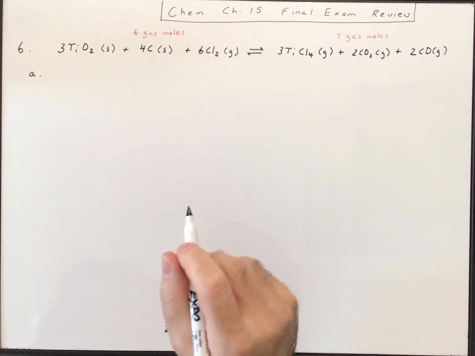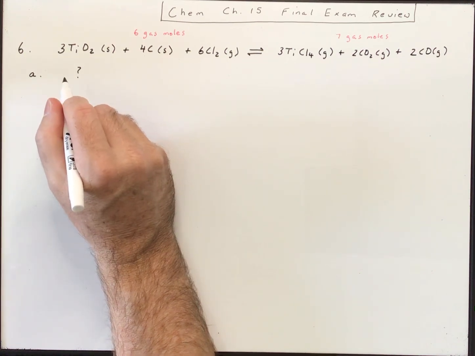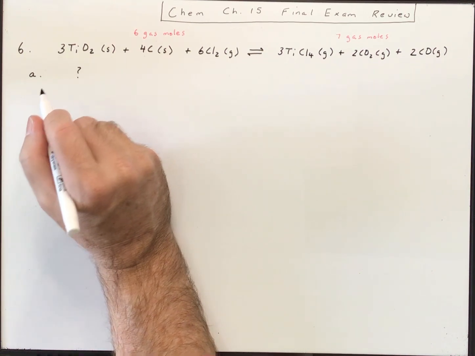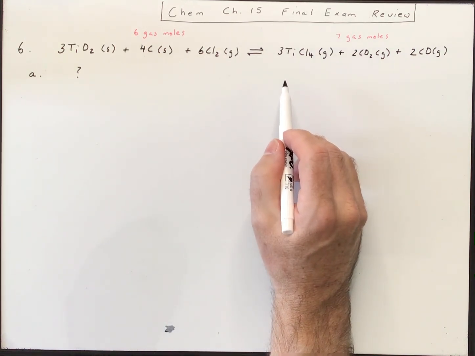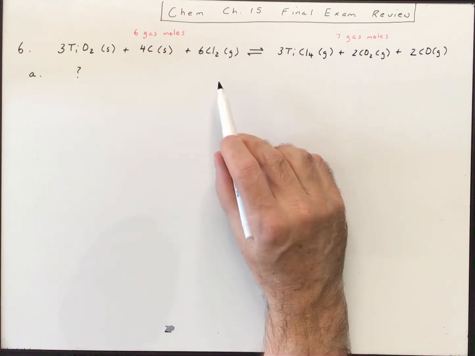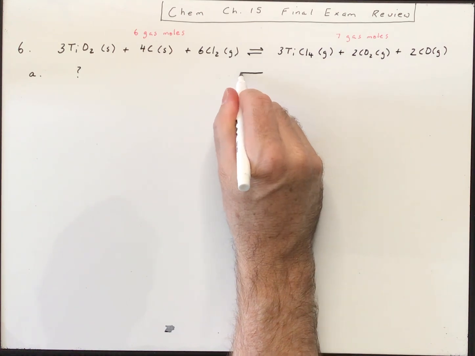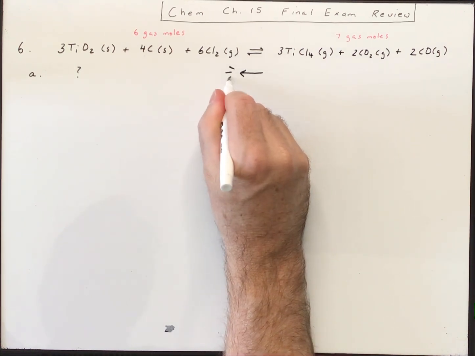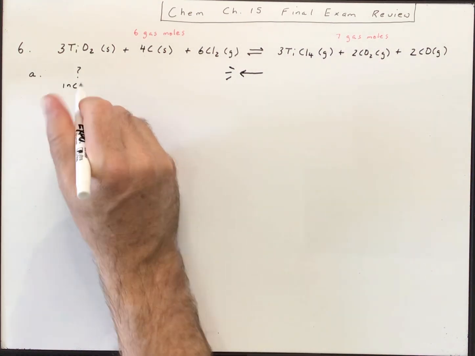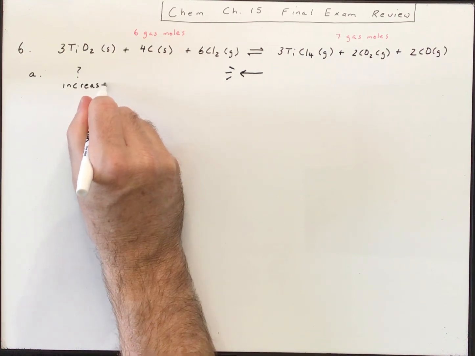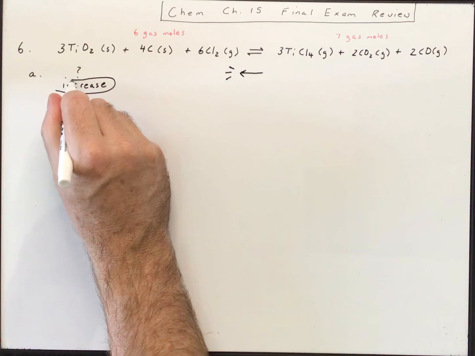Well, if the pressure is raised, the reaction will shift towards the side with the least gas moles. The most gas moles will lose. So it's going to shift to the left, away from the most gas moles, 7 versus 6. So it will fill the reactant side. And since TiO2 is a reactant, it will increase.